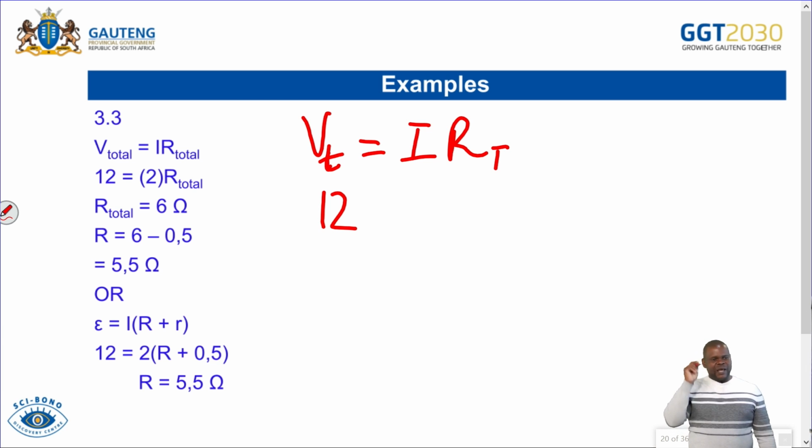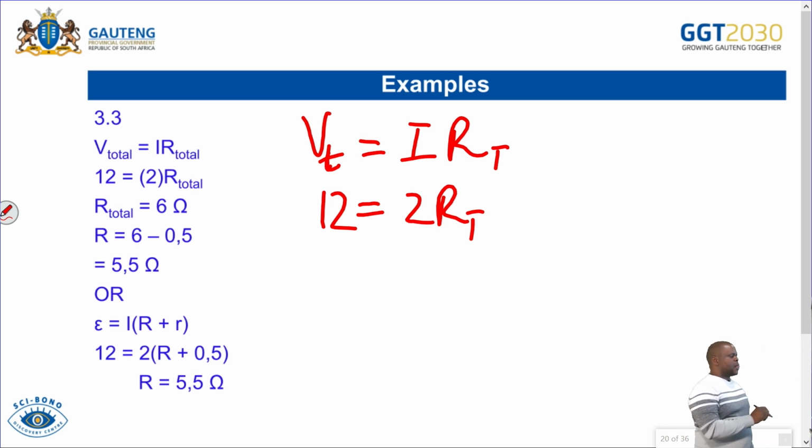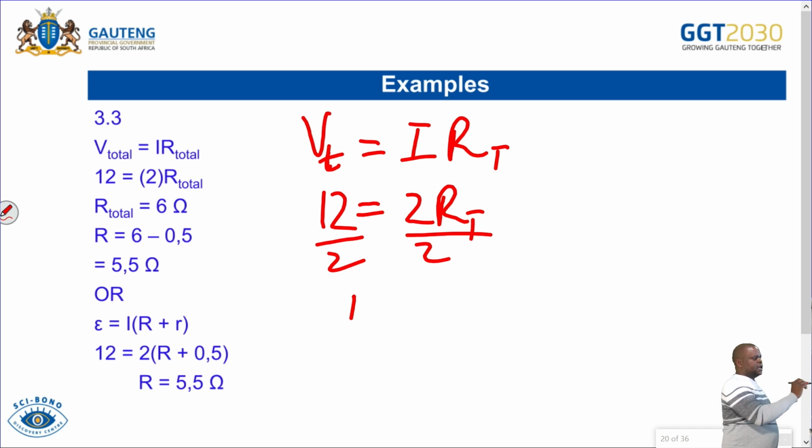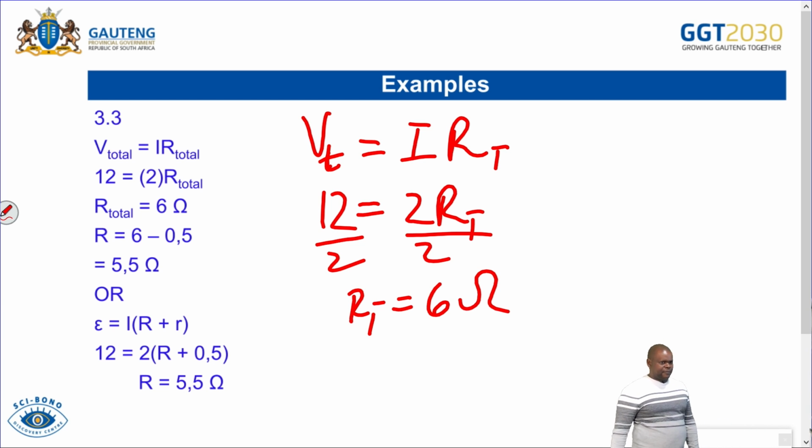Now we know our current is 2. Then we have total resistance. Now we just divide by 2 both sides. Then total resistance will be equal to 6 ohm. Are we together? Yes. Now we have 6 ohm.